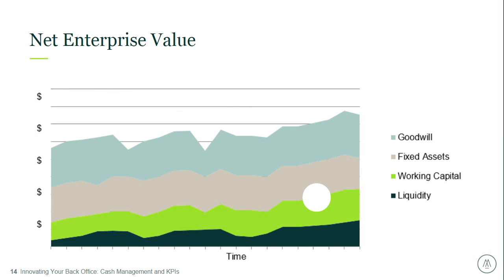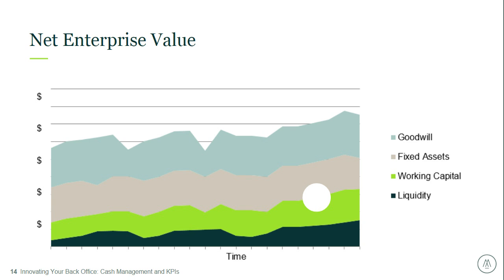So this is the way we think about value held in a company. And what you see here is dollars on the vertical axis and time on the horizontal axis. So we're looking at kind of the variable growth of different areas of a company over time. And you'll see four main buckets here: goodwill, fixed assets, working capital, and liquidity.